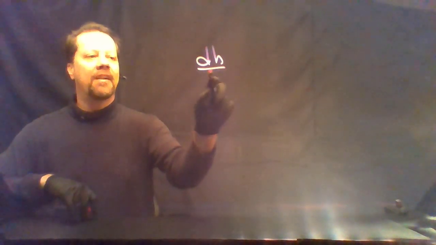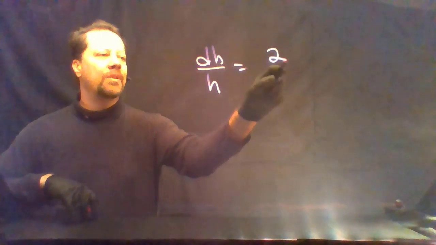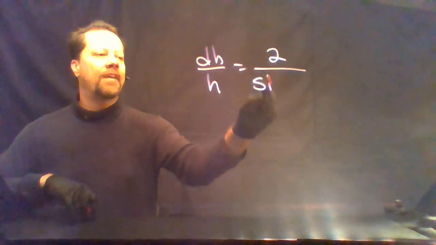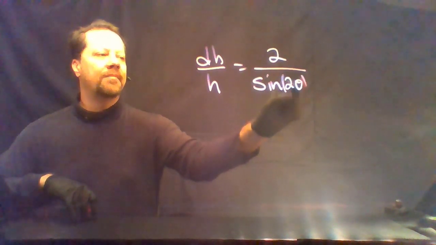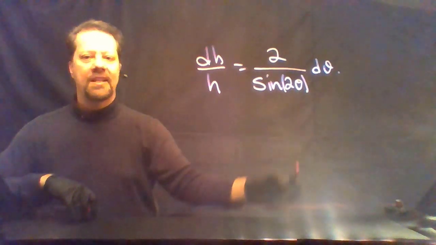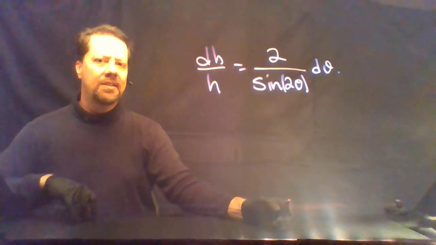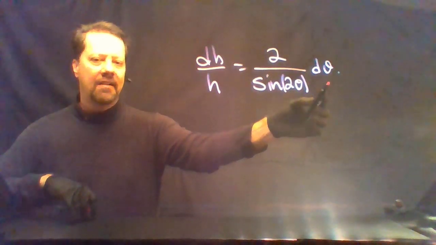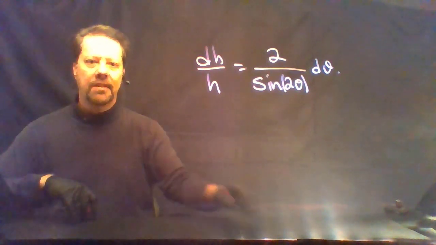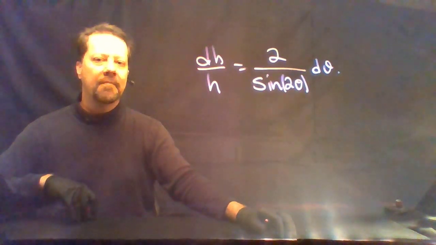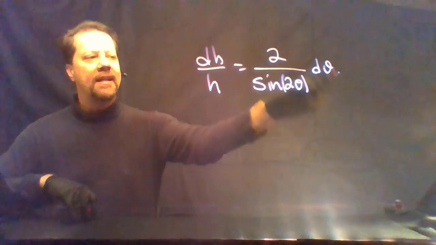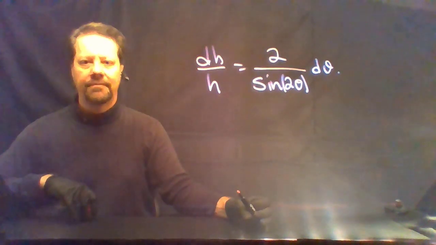Remember, the relative error was 2 divided by the sine of 2 theta times d theta. Let's suppose there's nothing you can do about the error in theta because you're stuck with the measurement device that you have. Is there some way to make this relative error smaller?